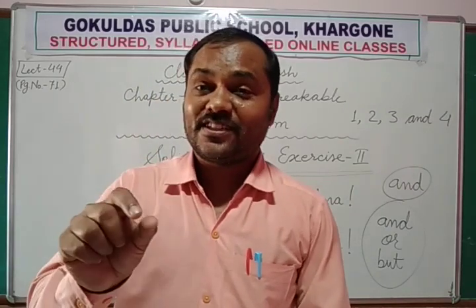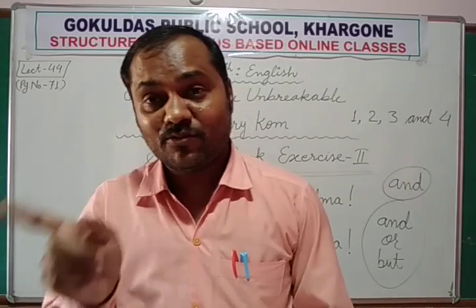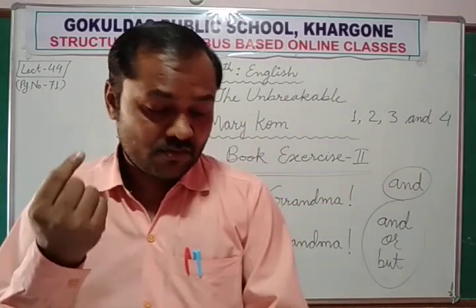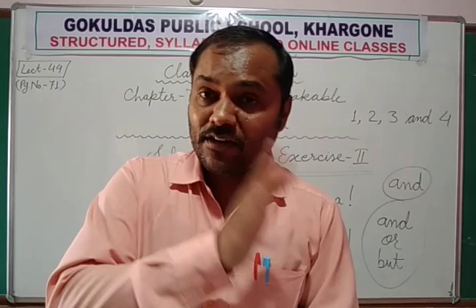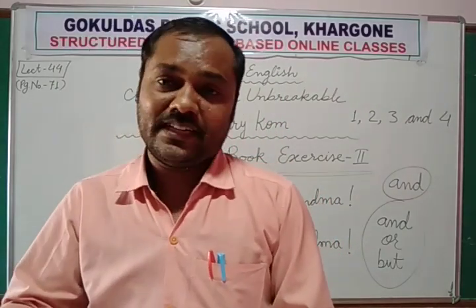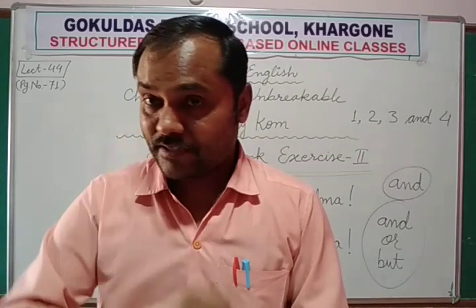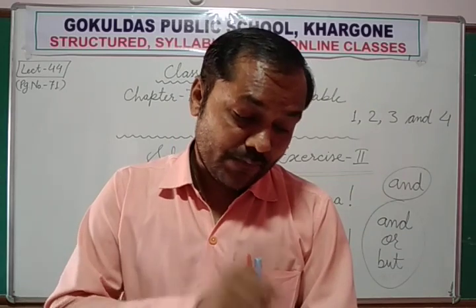This is the introduction. This is the additional information about whom? About the noun Mary Kom. Then again a comma. Before the beginning of this part of the sentence, and at the end of this part of the sentence, we need to put two commas. That is the additional information given for Mary Kom.